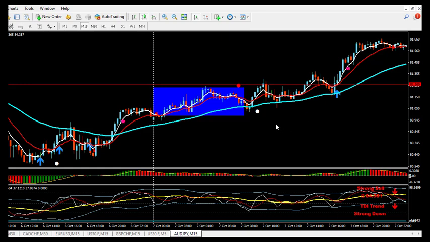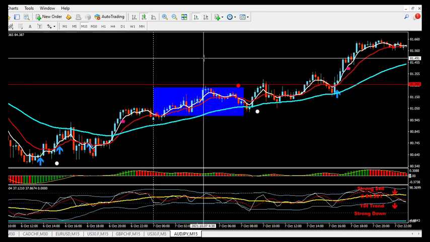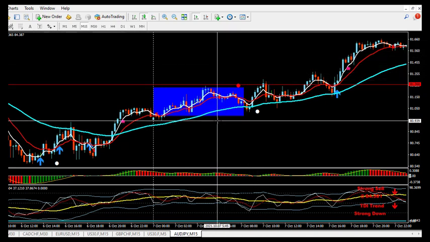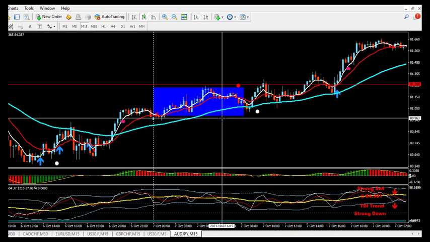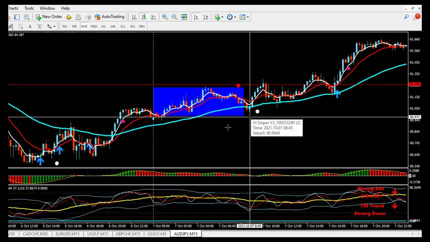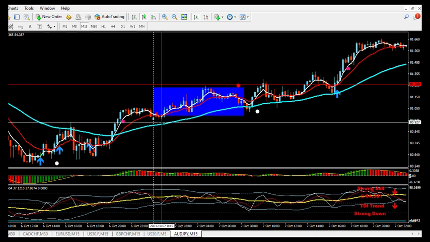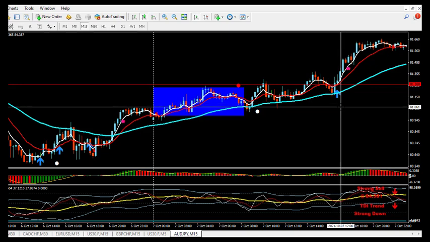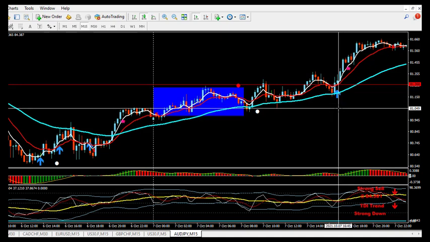Then we ride the trend, and here our trade is going to trigger at this point, and your stop loss is going to be the previous low after you place your trade, either here or the low here. And here is a continuation of this particular trade for buy.